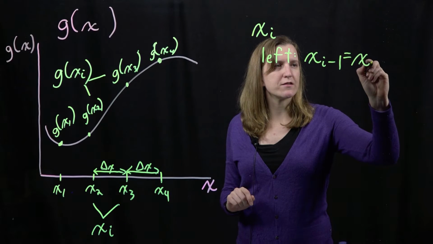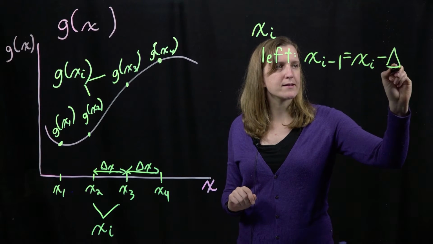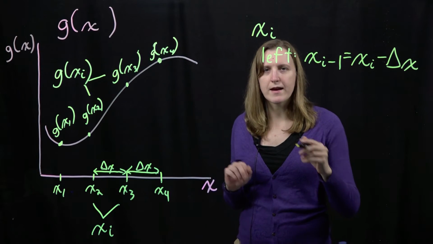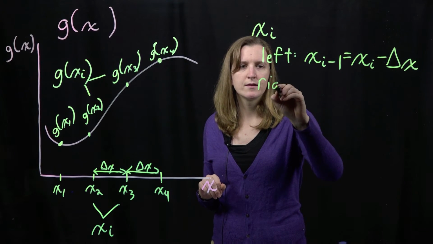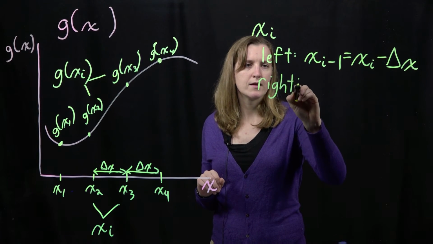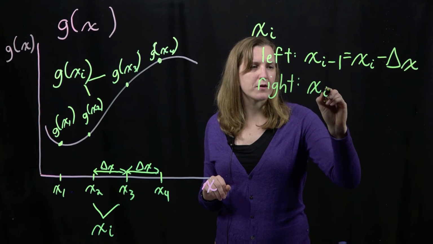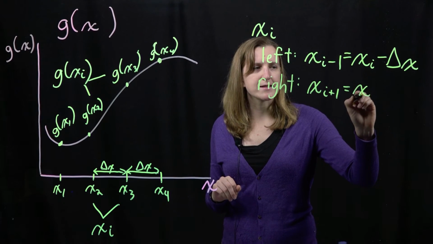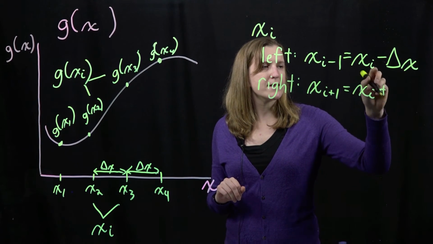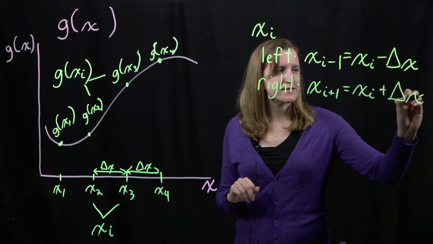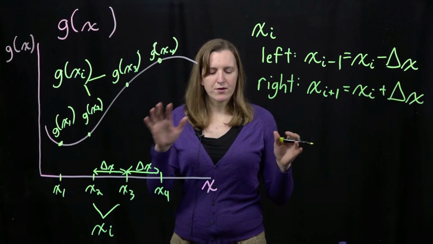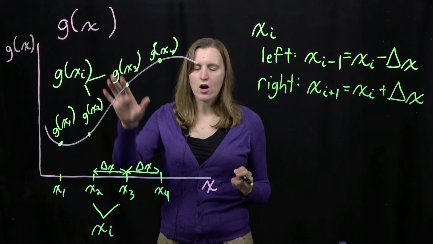This is just our original value minus delta x. And we can do the same thing for the right side, where we can refer to our values of x sub i plus 1. Rather than being minus delta x, now this is going to be plus delta x. And so this is how we can generally refer to specific points on our curve and on our function.